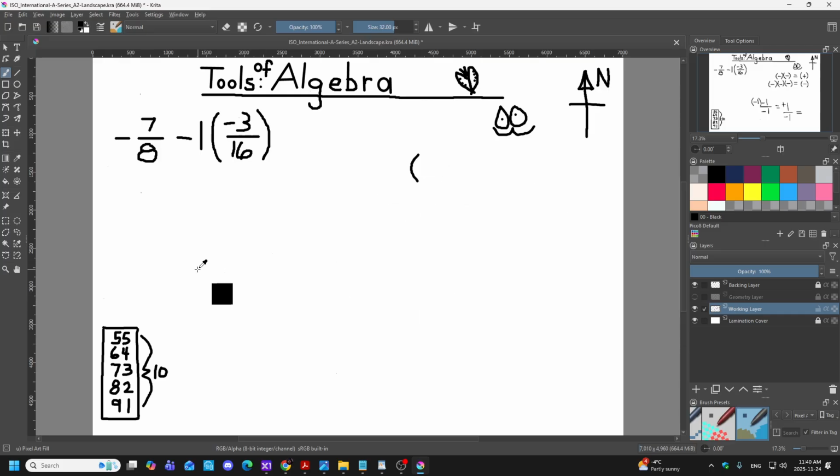All right. So with that logic, we can rewrite this. -7/8 plus, right? Negative times a negative is a positive. Again, it's an even number. 3/16. All right, so now we're down to two fractions, and it's pretty clear what we have to do.